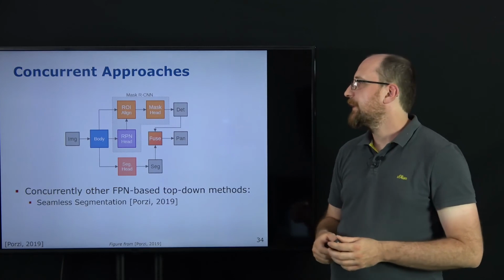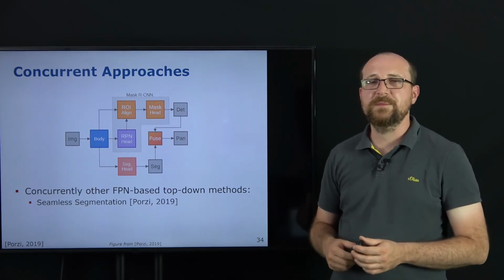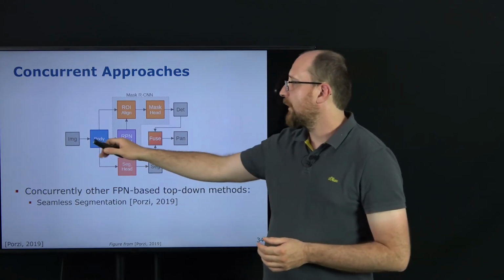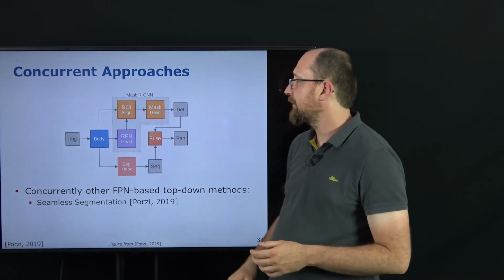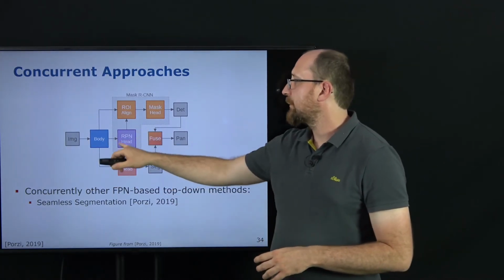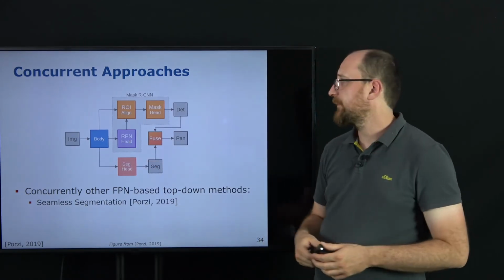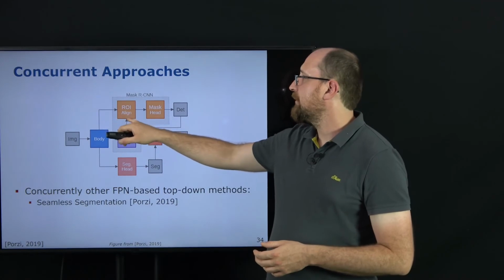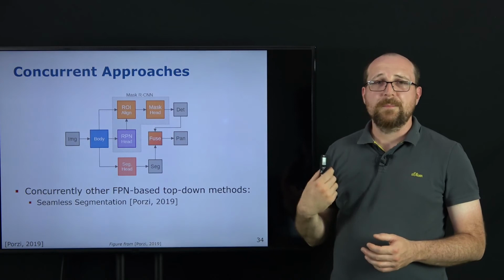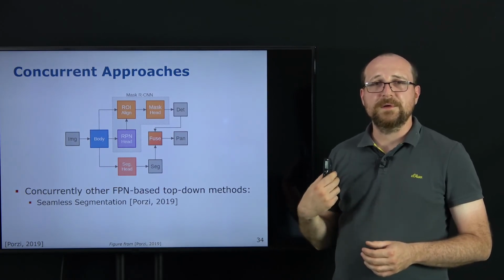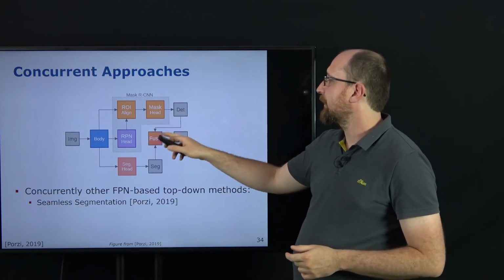Concurrently, we have this seamless segmentation, which is using a very similar strategy of having one shared encoder. This is the so-called body in this case. And then we have this region proposal network that provides us with proposals from anchors that we can then use with the RoI align strategy to get the mask predictions for the detection bounding boxes, which then leads us to the detections.